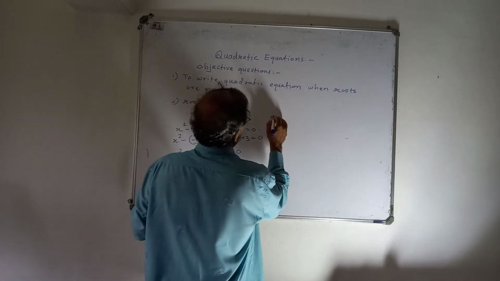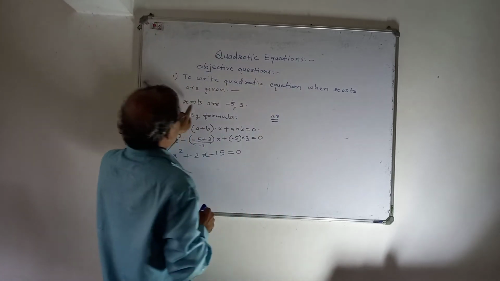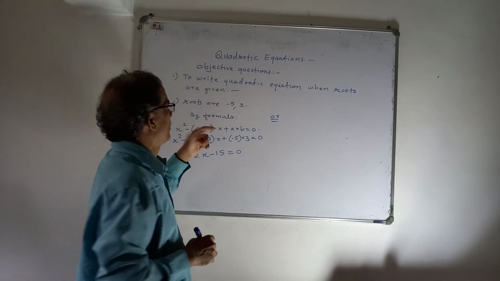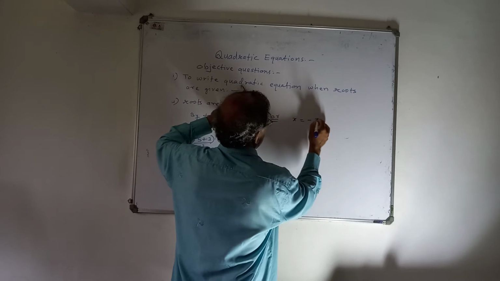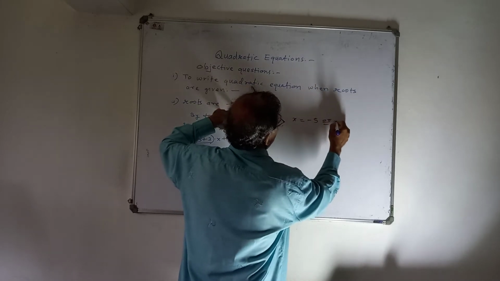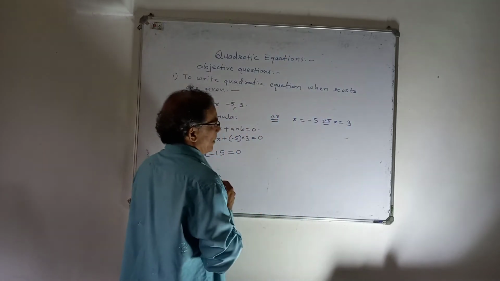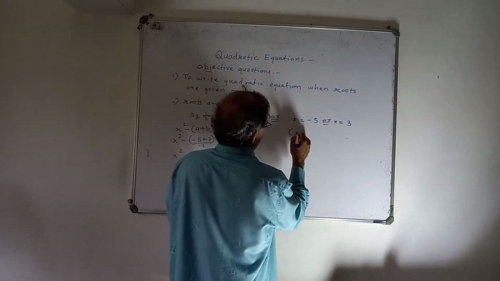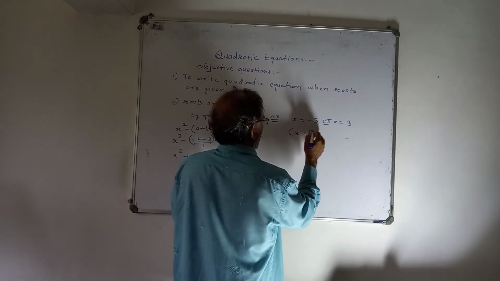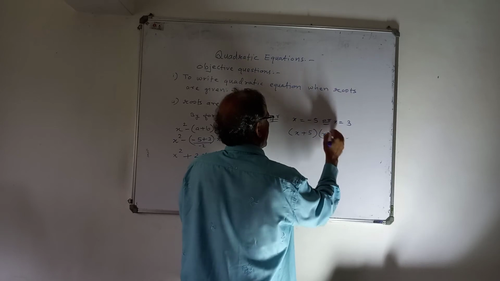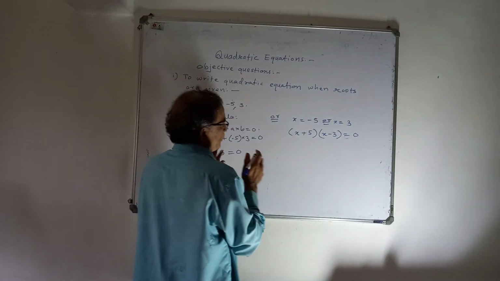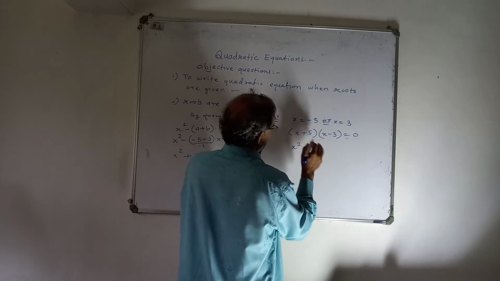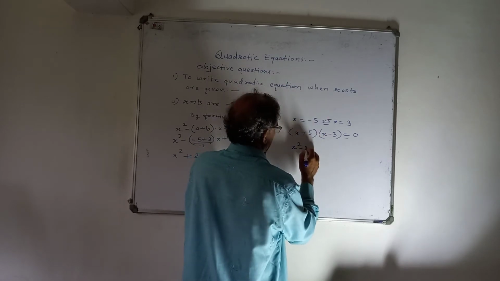Or straight way you can write, these are the roots of equation in x. So roots means values of x. So x is equal to minus 5 or x is equal to 3. This is given to us. Now you make the factors. So (x plus 5) into (x minus 3) is equal to 0. Now you have to solve this. x into x is x square, x into minus 3 is minus 3x.